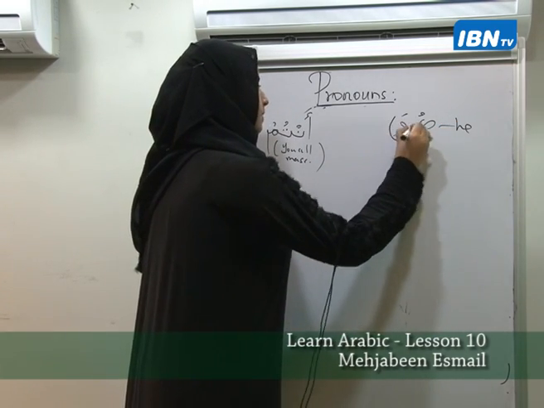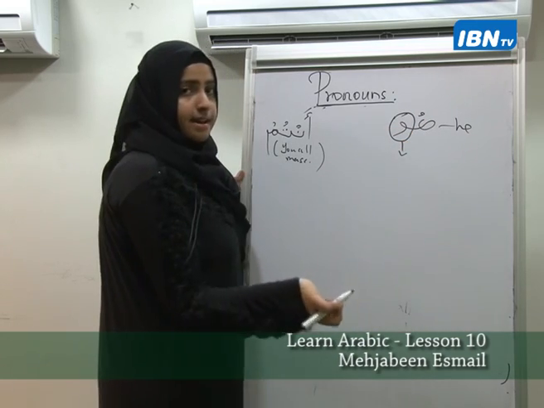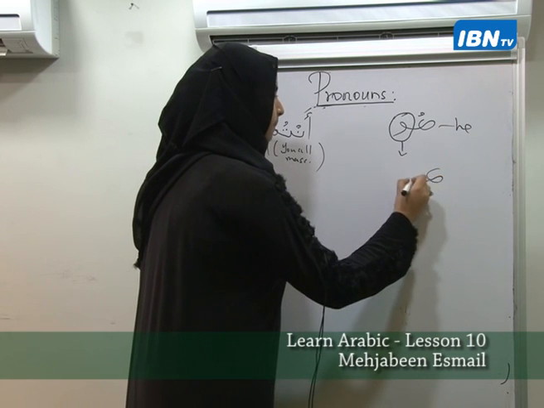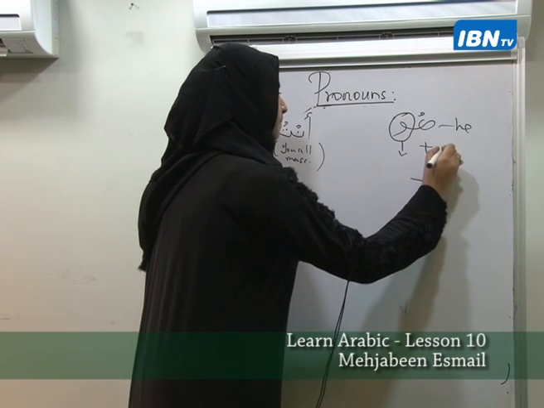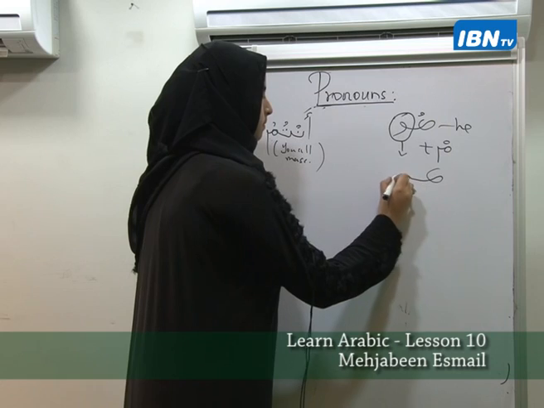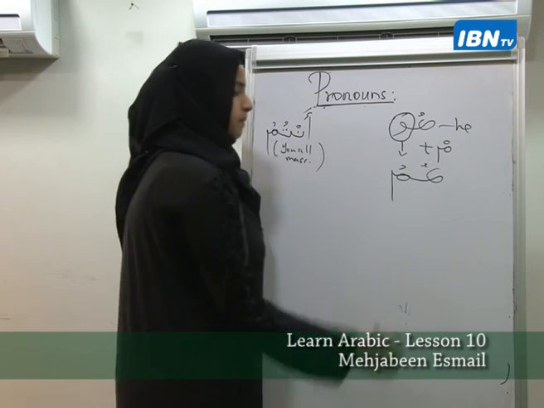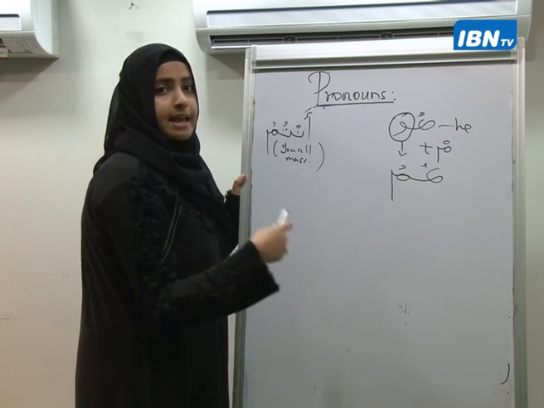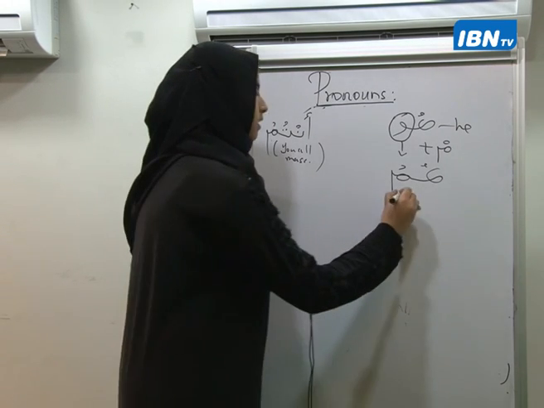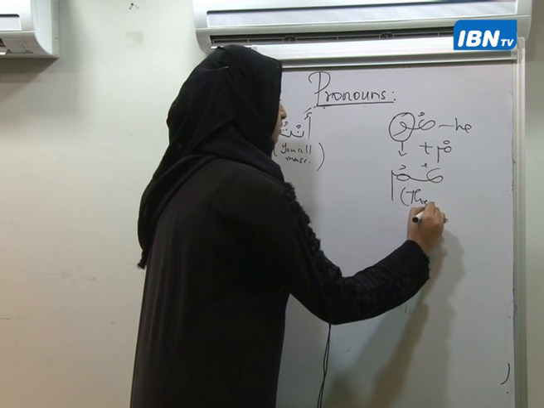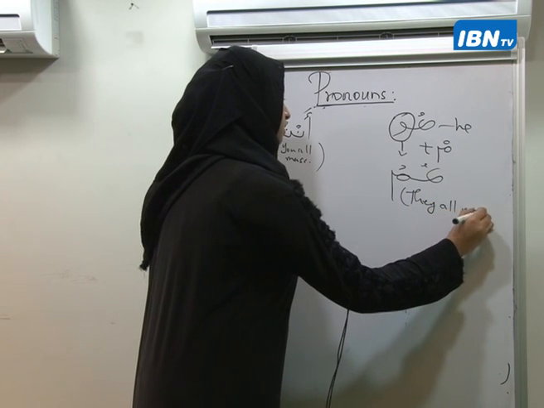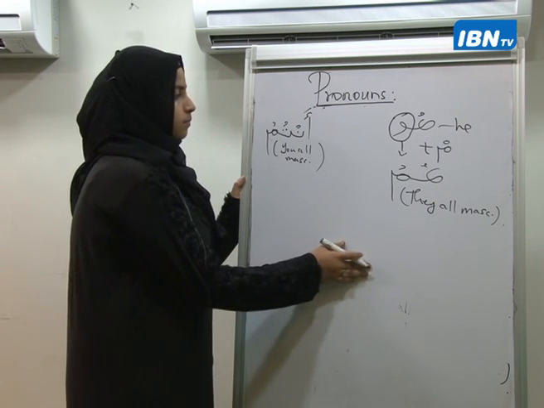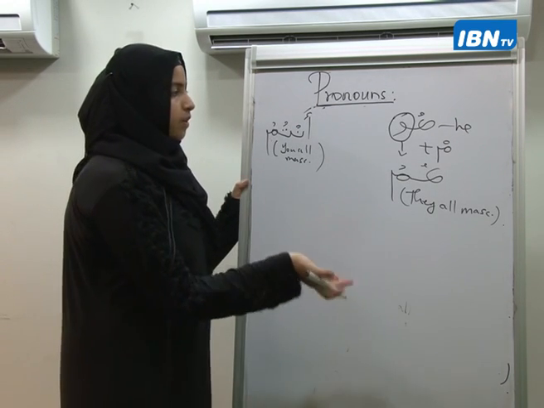So I'll drop down this waw and then I will add a mim sakin. So it will become hum. So I have changed this huwa into hum, which means they all masculine.